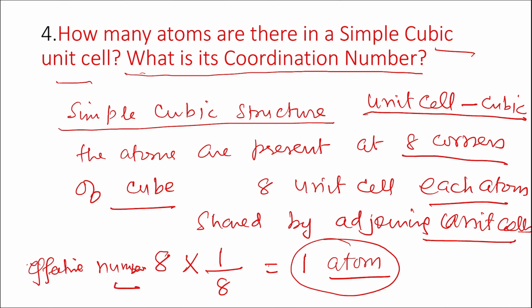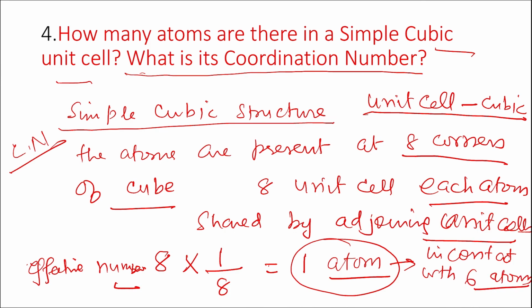And what is the coordination number? Coordination number is defined as the number of atoms in contact with one atom of the unit cell. In this there are 6. One atom is in contact with 6 spheres or atoms or particles of the unit cell. How?